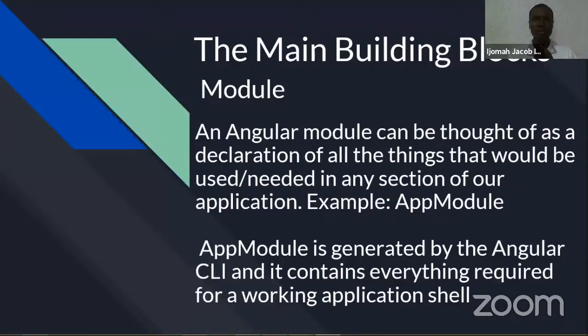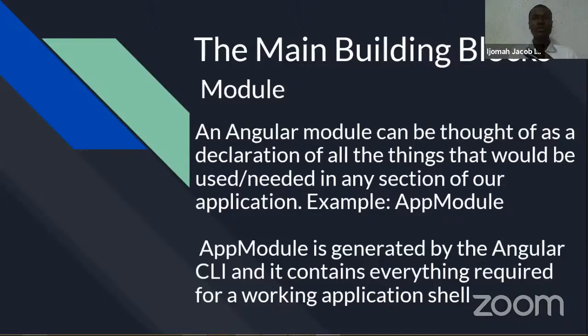Okay, the main building blocks. The Angular module is one of the major building blocks of Angular, and it is thought of as a declaration of all things that will be used in an Angular application.